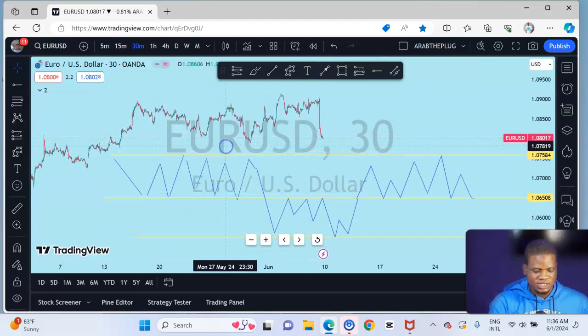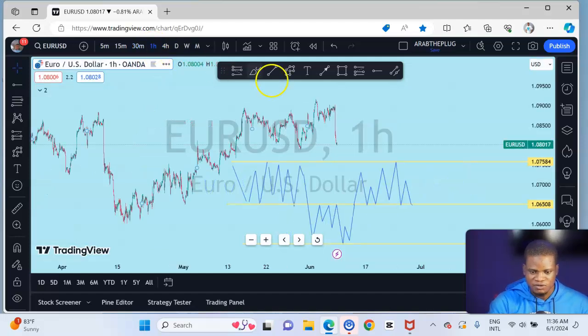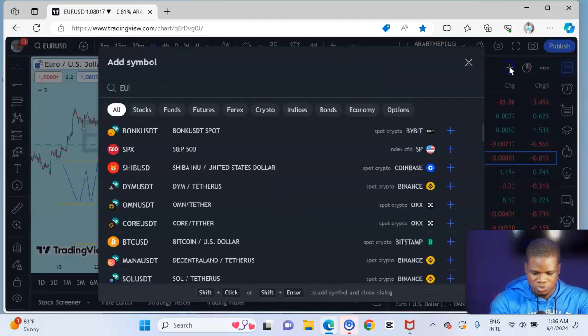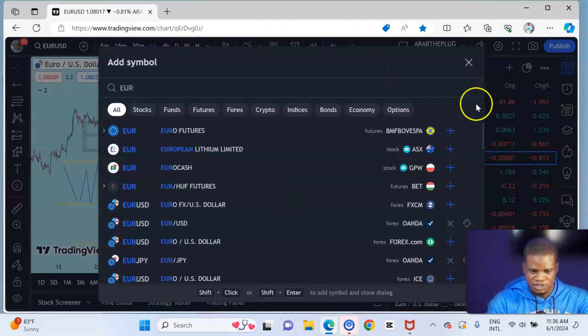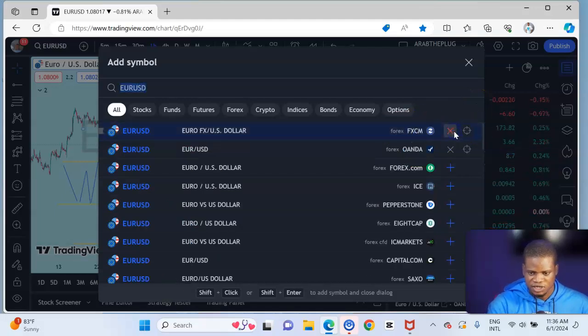So now let's go into our chart and do a graphical representation of that on the chart. So let's look at Euro USD for the forex market. Let me just get rid of this, in as much as I really don't want to get rid of this. Then let me just look for Euro USD from a different source, Euro USD FXCM.